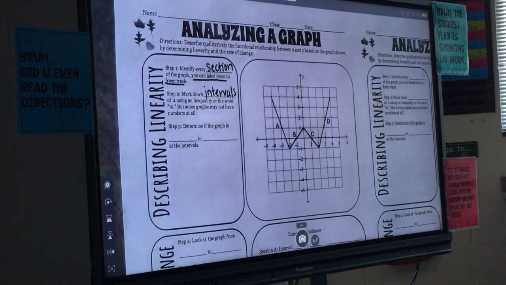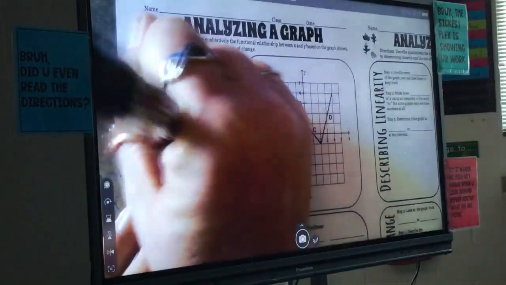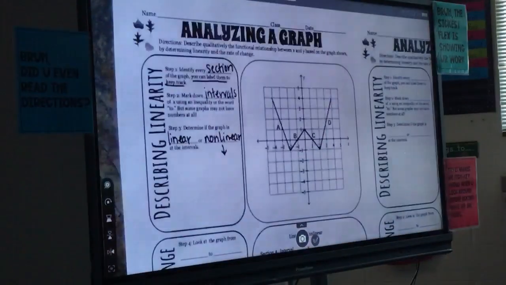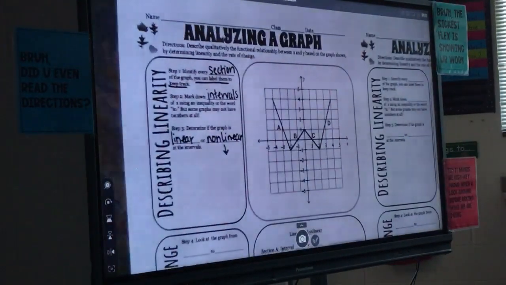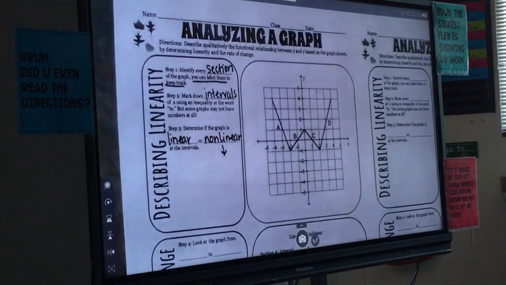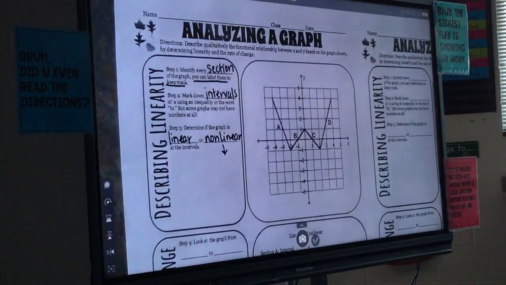And then step number 3, determine if the graph is linear or nonlinear. Now, how do we know if a graph is nonlinear? What is it not? Say it that way. If the line test goes through it only once. Okay, but all those lines, whether they're positive, negative, 0, or undefined, they're all what kind of lines?